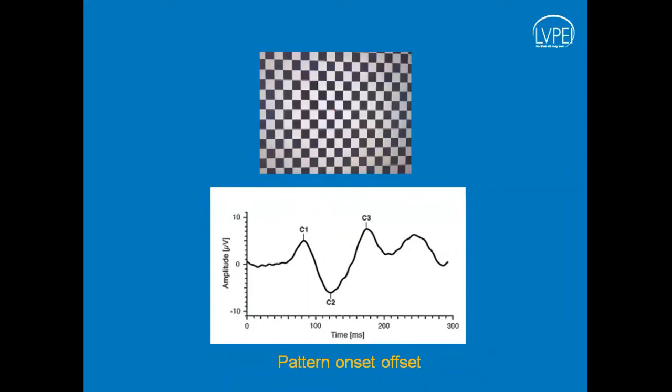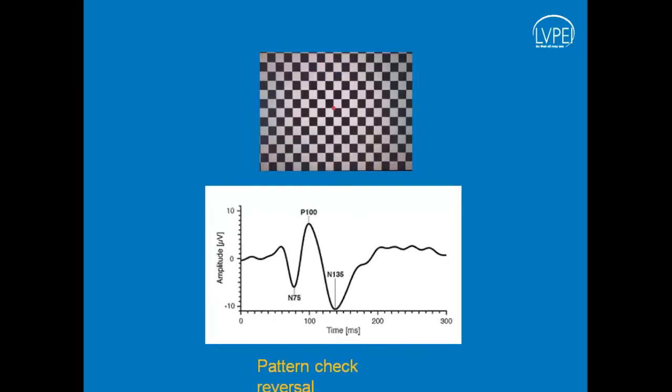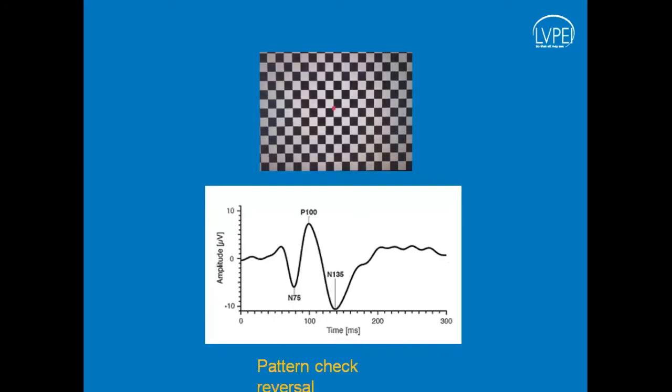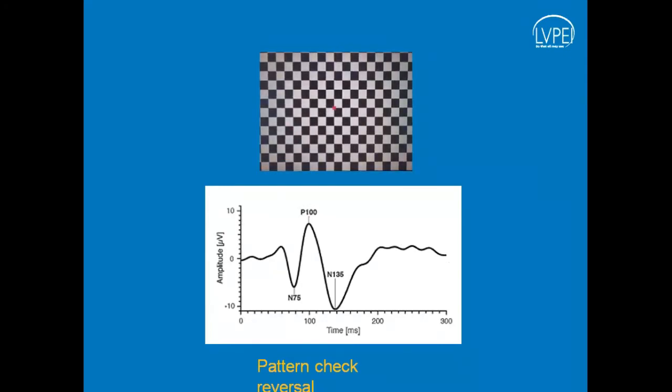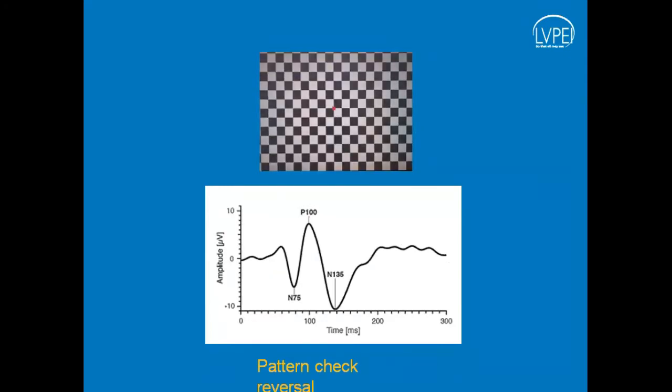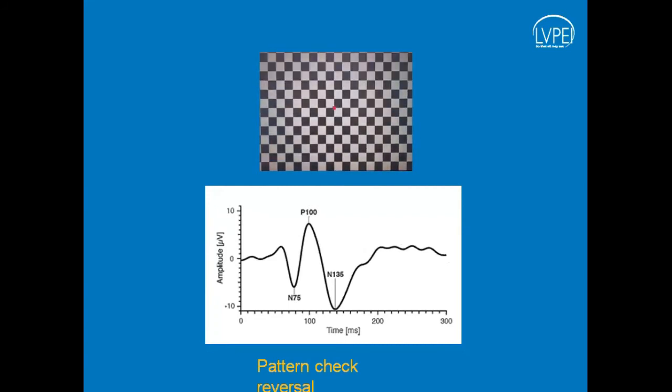Similarly, for pattern onset-offset VEP, the check response pattern and stimulus pattern are shown here. What is important here is that we must follow the P100 waveform. We have to choose the P100 waveform in order to measure the amplitude as well as the implicit time, because it is one of the most consistent responses we find during the test.